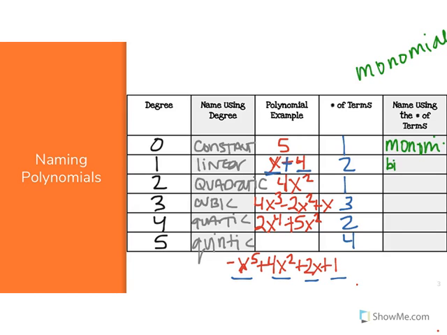Bi means 2, so we have binomial. And then we're back to a monomial again, because we only have 1. And then 3, tri, we have a trinomial. And then we have 2 again, so we're back to a binomial.